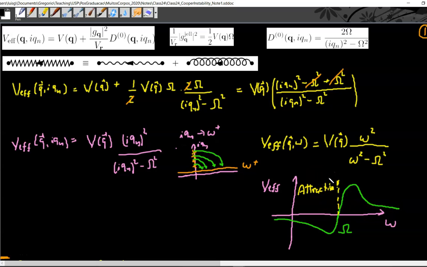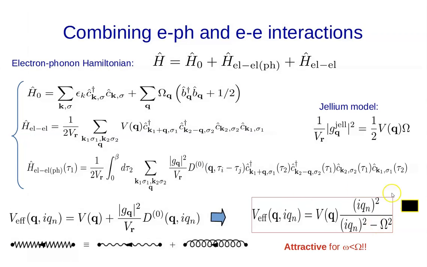So we see that the combined action of electron-electron and electron-phonon couplings can lead to an effective, attractive electron-electron interaction. That's one of the cornerstones of BCS theory, the fact that we can have that. So let's go back to the slide. Okay, so we derived the effect of Coulomb interaction, showed that it can be attractive for real frequencies less than the plasma frequency.